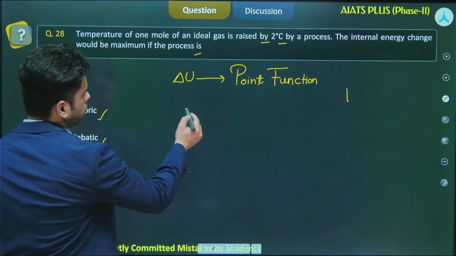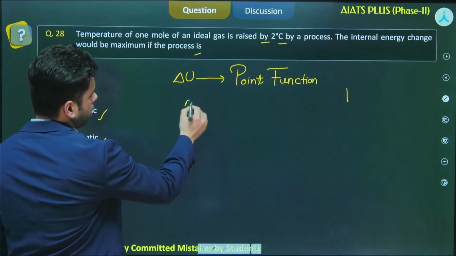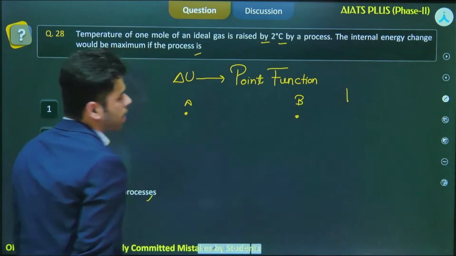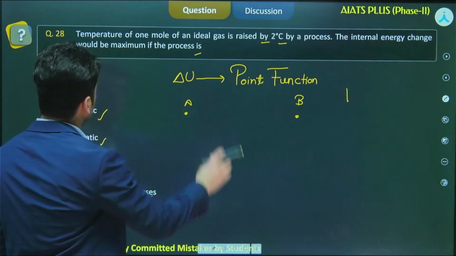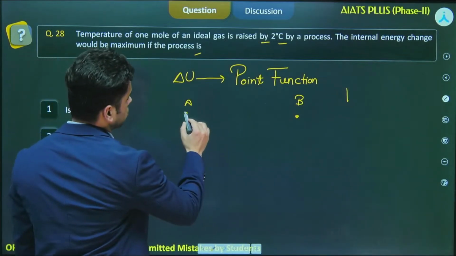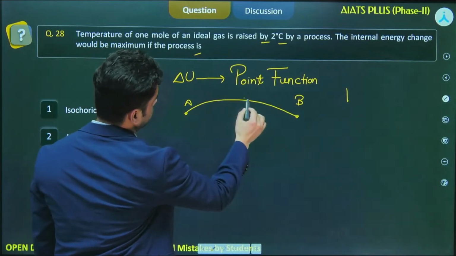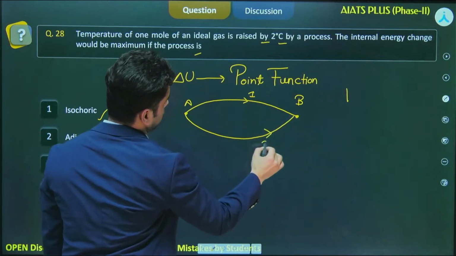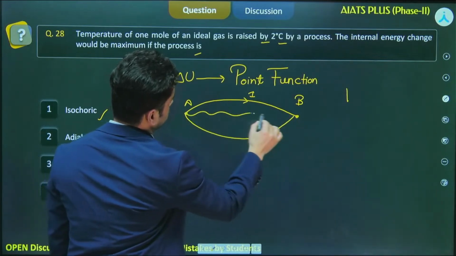Suppose that I have a state A and a state B. And my gas is taken from state A to state B via three different processes. This is one process, this is another process, and this one is another process.